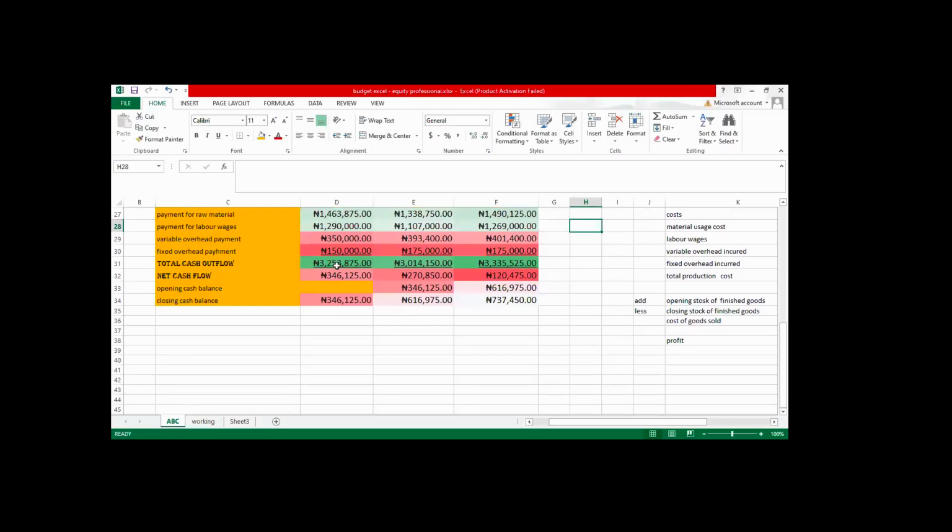The total outflow for January, you have it. February, March.